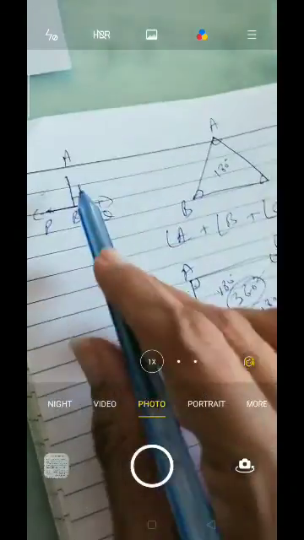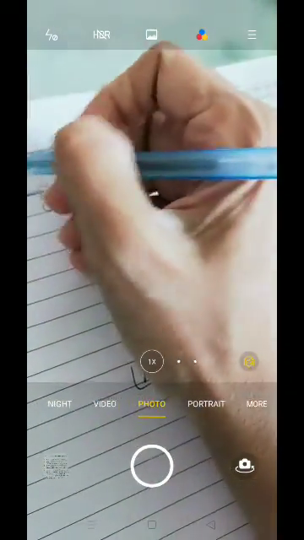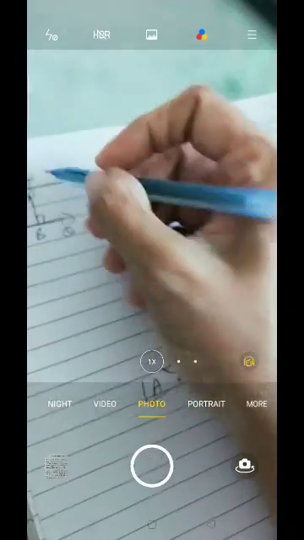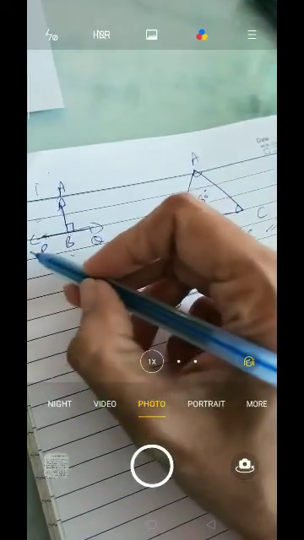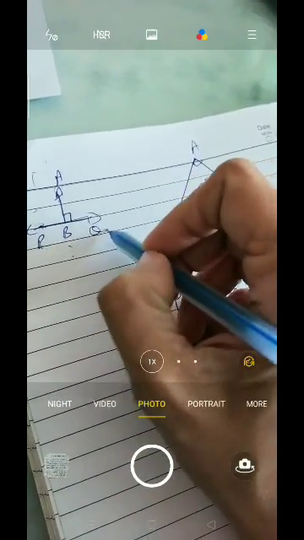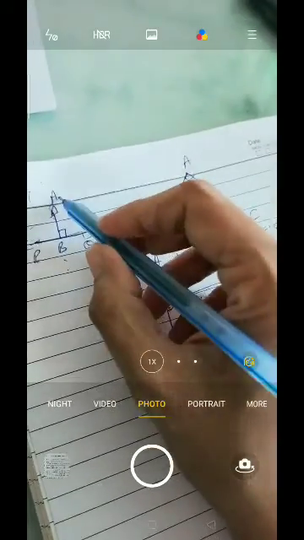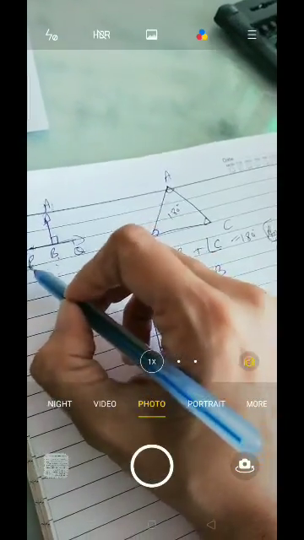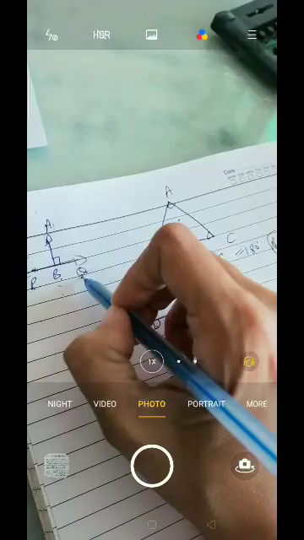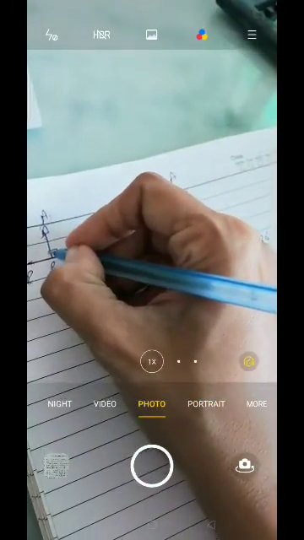What do we say kids? Line AB is perpendicular to PQ. Clear? Line AB is perpendicular to line PQ.